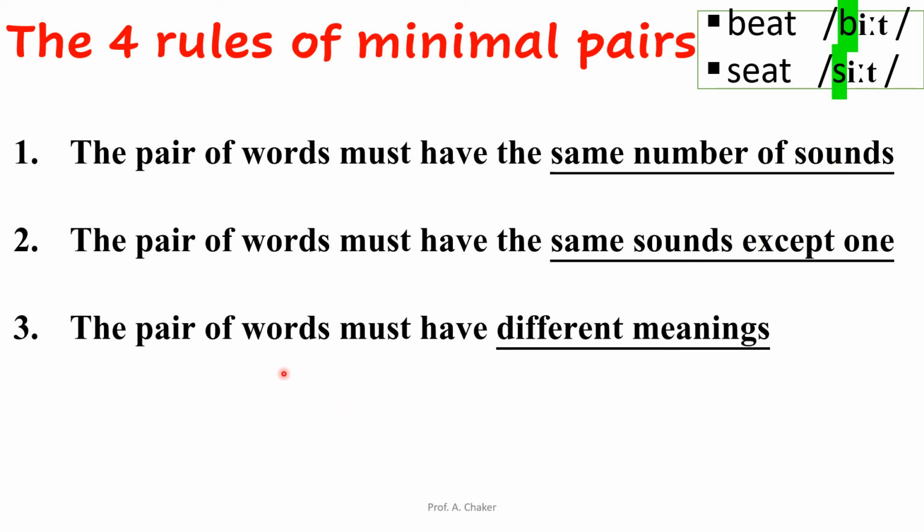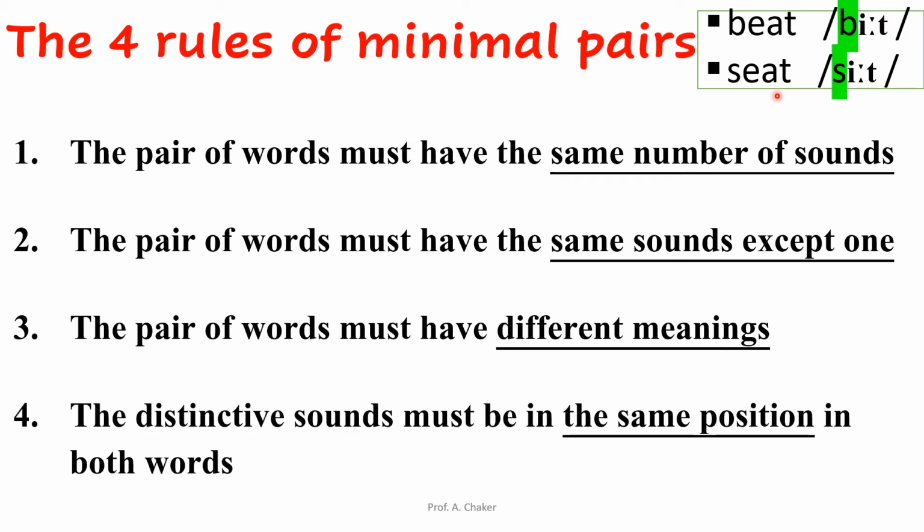Number 3. The pair of words must have different meanings. Beat and seat, they have different meanings, right? Last rule, the distinctive sounds, that is the b and s, that make the words different, must be in the same position, in the same phonetic environment.